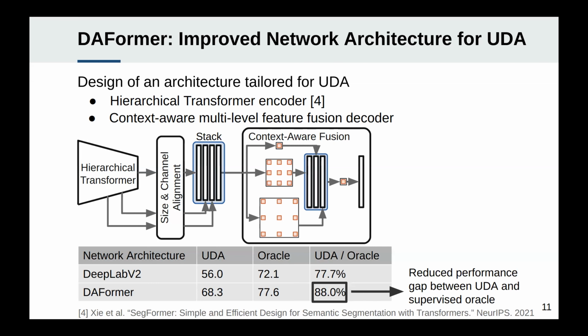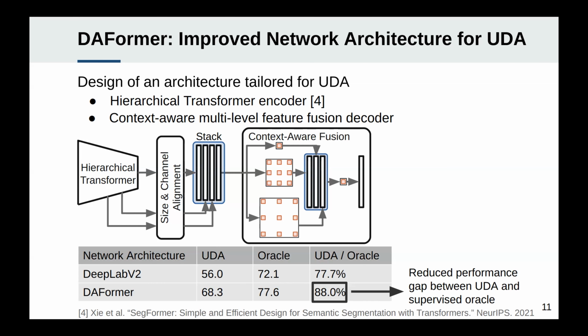When we compare our architecture with DeepLab version 2, the previous one, we can see it heavily improves both UDA and Oracle performance. Not so surprising about the Oracle performance, as I said, we were using more recent architectures. But the most important column here is the relative performance: the UDA performance divided by the supervised Oracle performance.